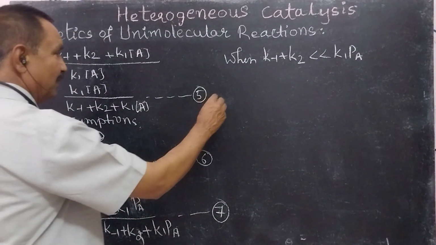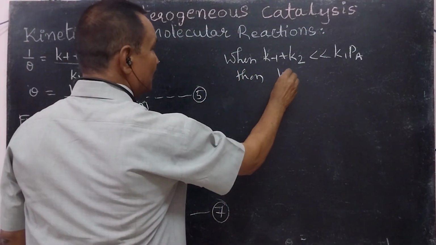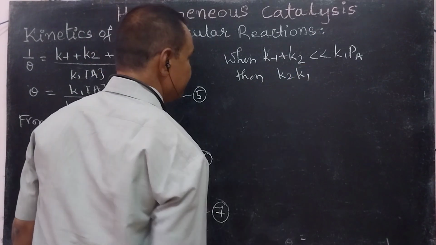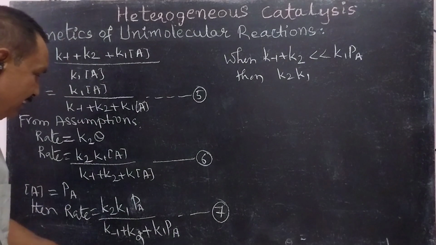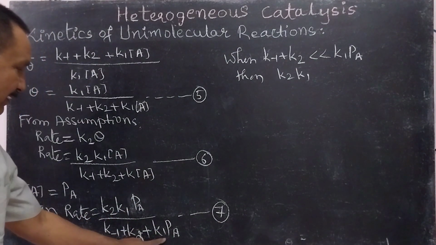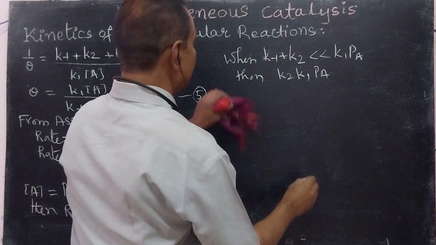Then the equation becomes K2 K1 Pa; when this is large, this is neglected, K1 Pa gets cancelled.